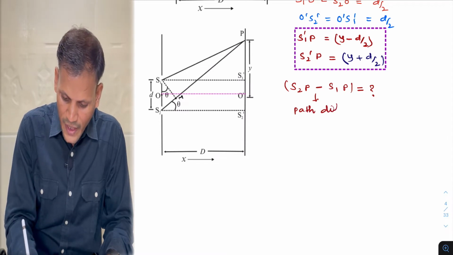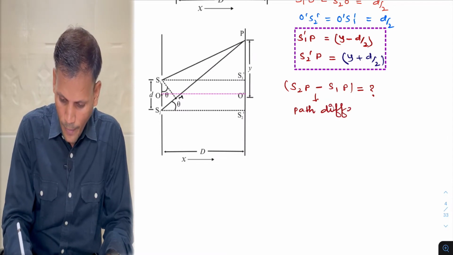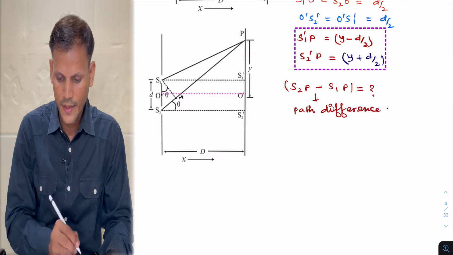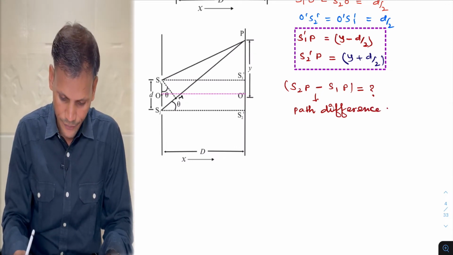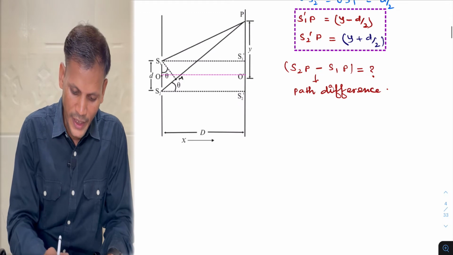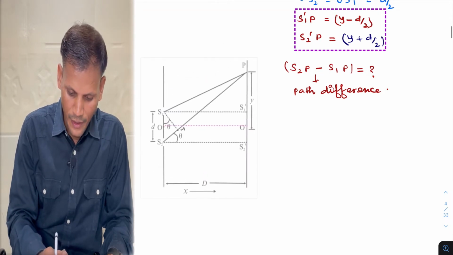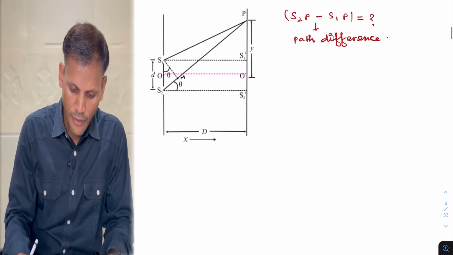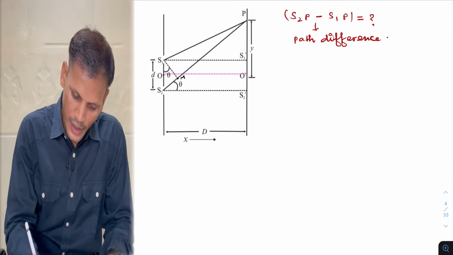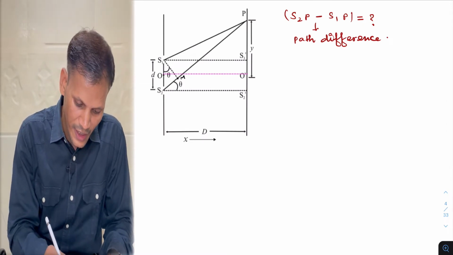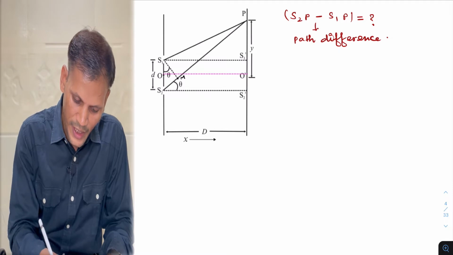Path difference is to be calculated, very important thing. For calculating the path difference, we will take two triangles.